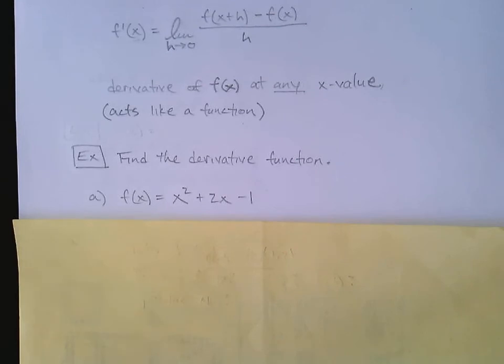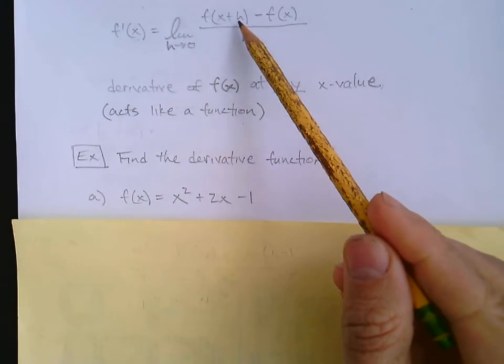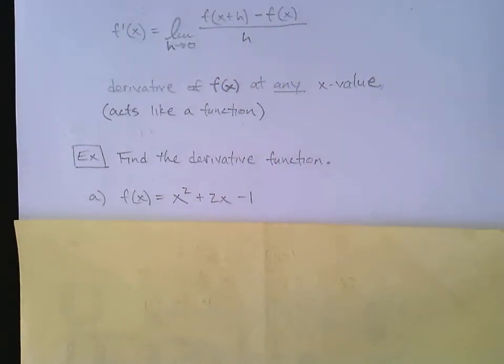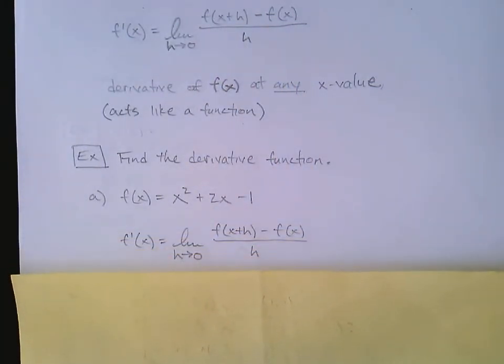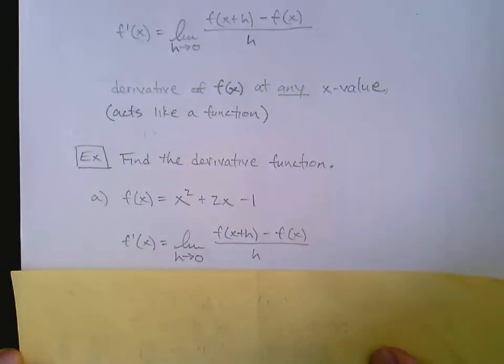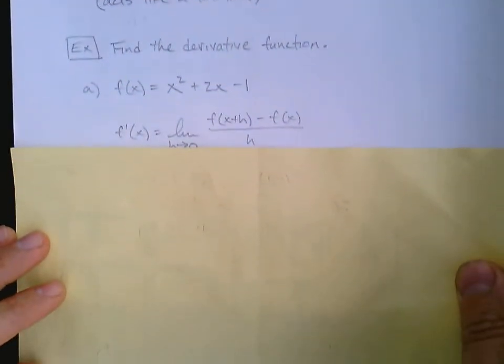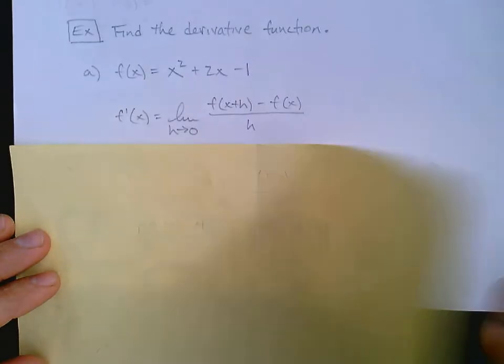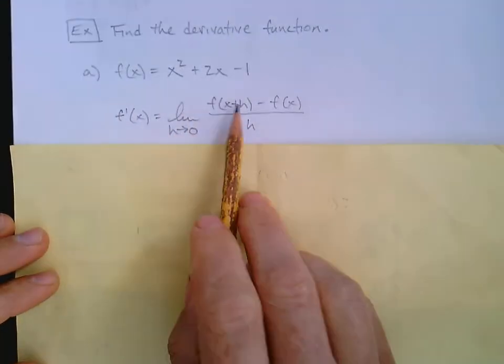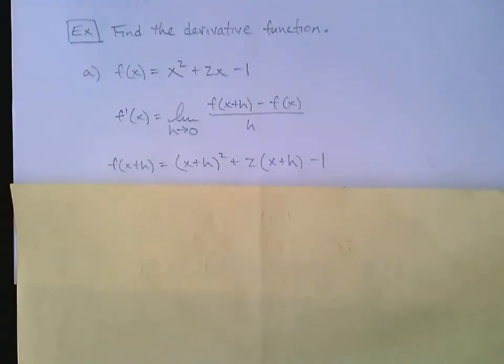So let's go through that step by step. For this function, let's figure out that first part, the most difficult part, f of x plus h. Let's find that f of x plus h.